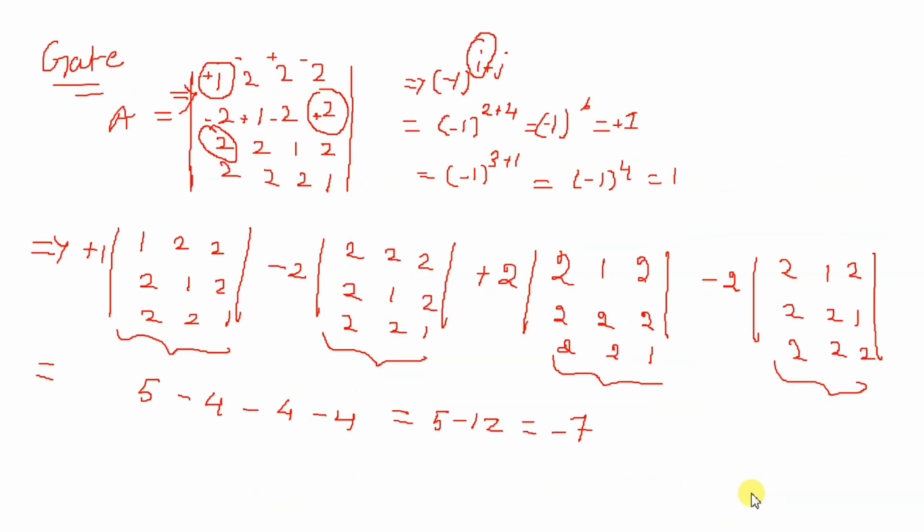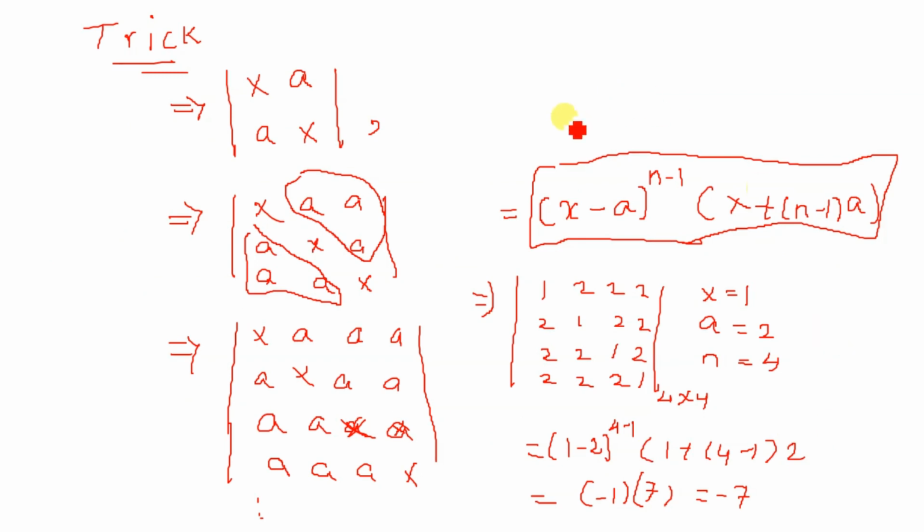Before, we solved this problem in the standard format and got minus 7, and using this trick we also get minus 7. In the exam hall, if you follow the standard method for all problems, you never get the answer quickly and it wastes your time.